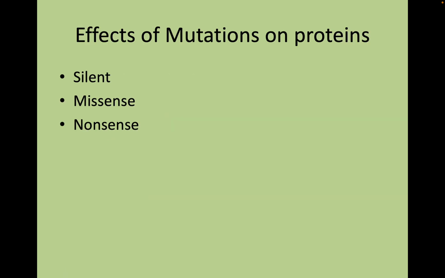All right, and the effects of mutations on proteins, they can be silent. Sometimes they don't make any difference, right? Remember when we looked at that codon chart, there's often more than one codon that codes for the same amino acid. So they could be silent. They could not make any sense at all. They could be missense mutations or nonsense mutations.